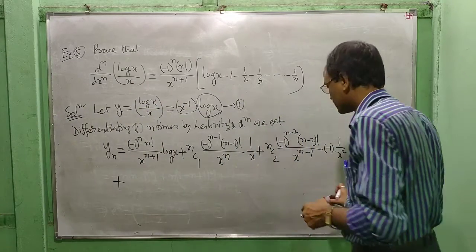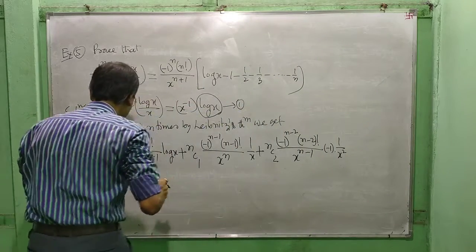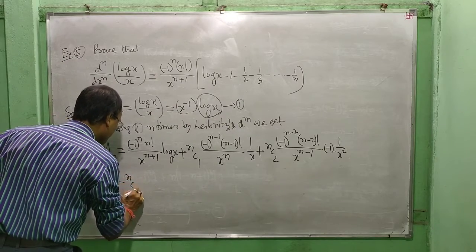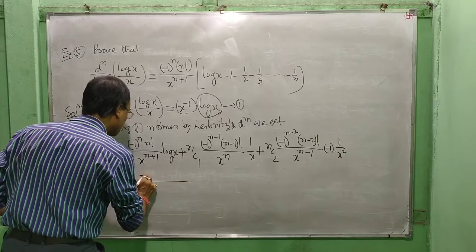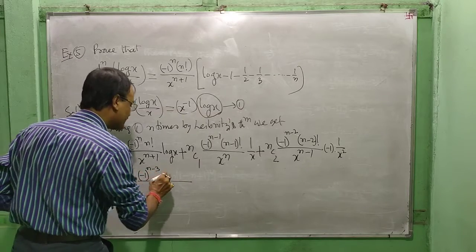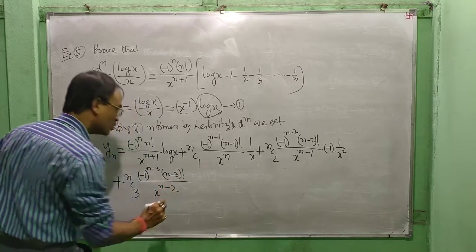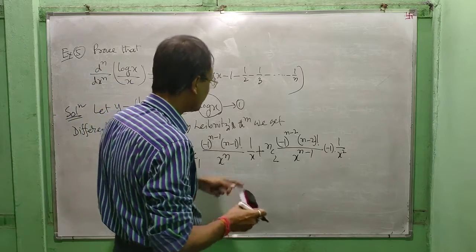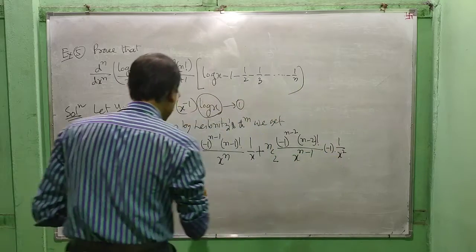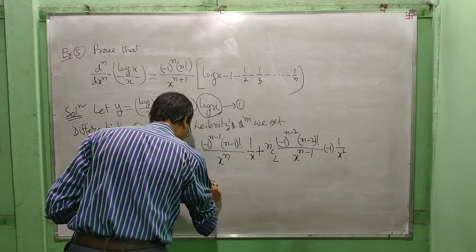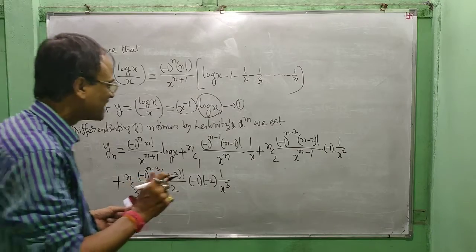I am writing more terms so that you can understand it easily. Plus nc3, minus 1 whole to the power n minus 3 factorial n minus 3 divided by x to the power n minus 2. Now differentiate 1 by x another one time. Minus 1 into minus 2, 1 by x cube. You will get this one. Plus.